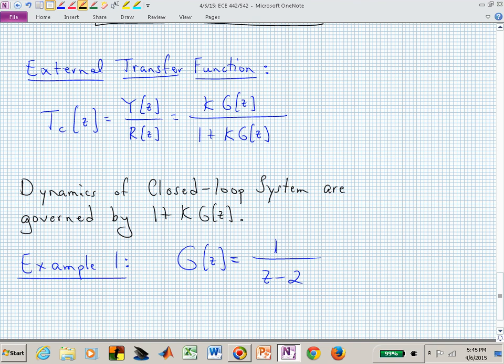What's a nice zeta value? If I had to tell you, we have a competition, and walking in front of you are these different zeta values, which zeta would you pick? Here's zeta equal to 1. Here's zeta equal to 0. And zetas all in between.